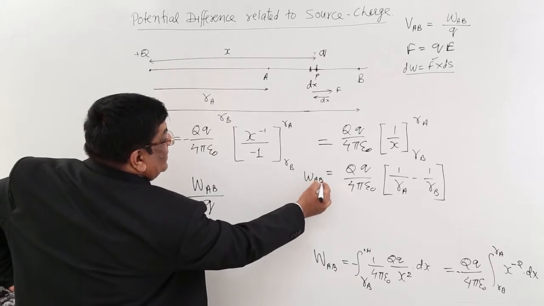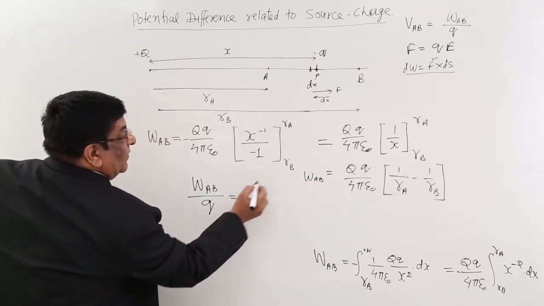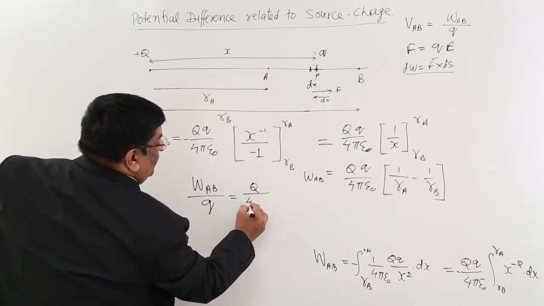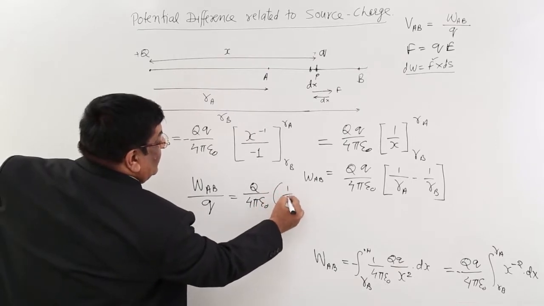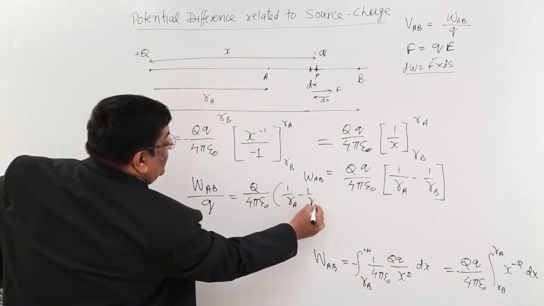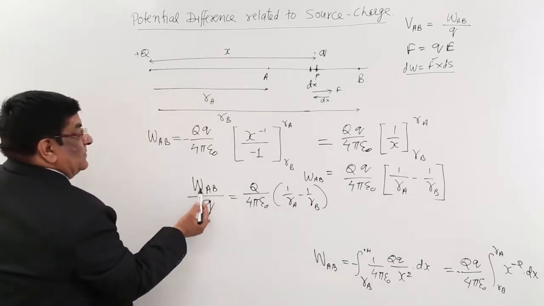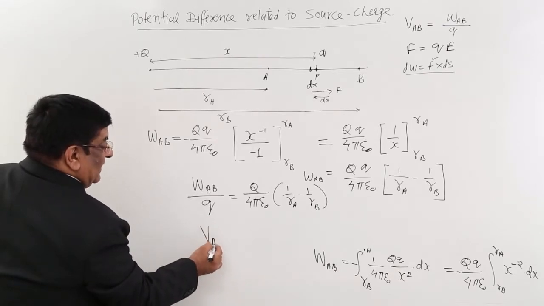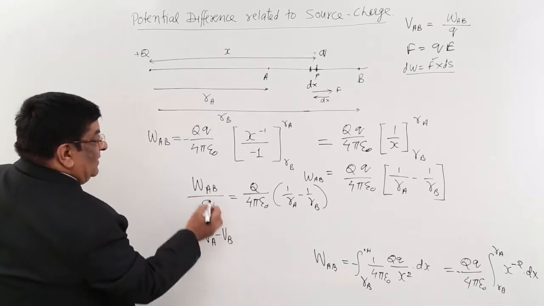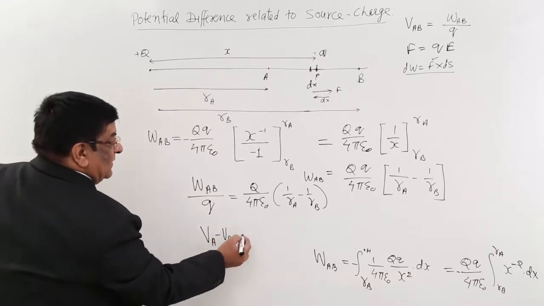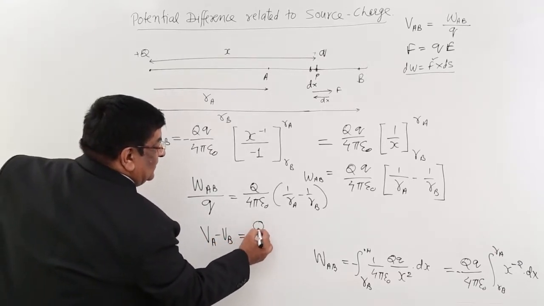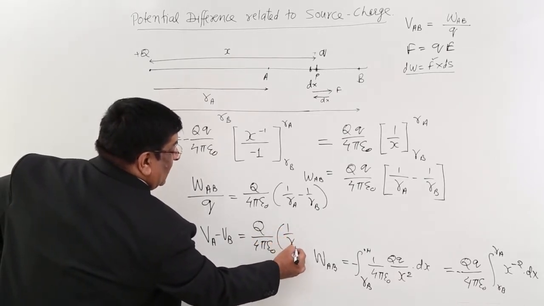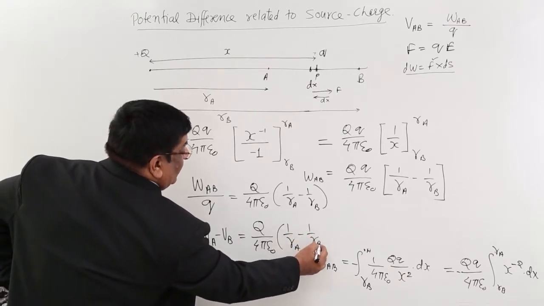So we have Q upon 4 pi epsilon naught and 1 upon Ra minus 1 upon Rb. And this work done from B to A per unit charge is known, by our definition, as Va minus Vb, the potential difference. So this potential difference is Q upon 4 pi epsilon naught, 1 upon Ra minus 1 upon Rb.